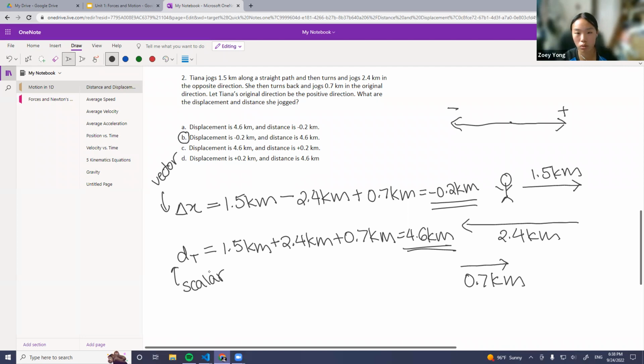After someone moves this way and then that way, you want to see in the end where they end up. But for distance traveled, a scalar quantity, you want to add everything, the entire journey. So one is where you end up and the other is the entire journey, basically. I hope that made sense.